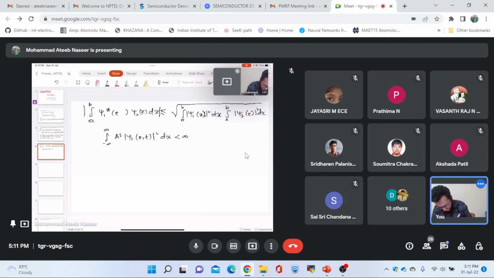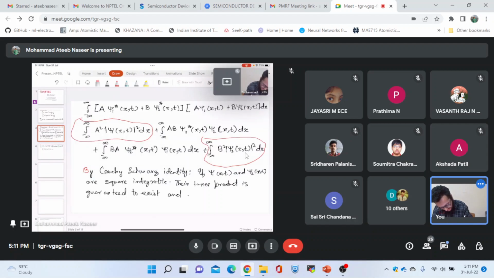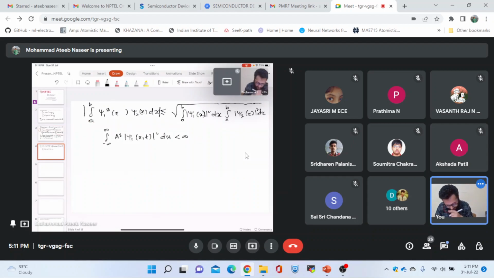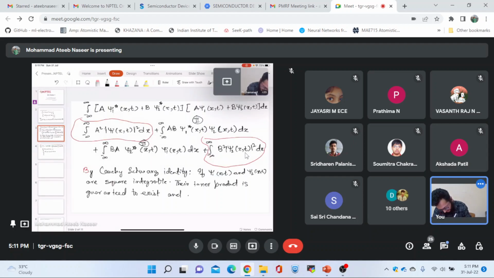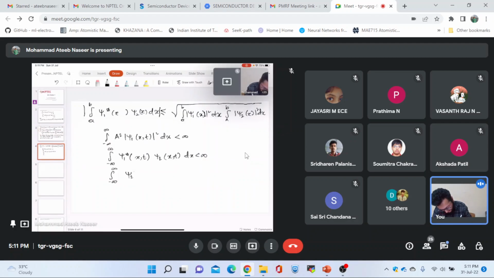Now it means that this second term and this third term, we can use Cauchy's formula, and we can say that this is also less than infinity. Similarly, the other part of the integral, which is psi2 star into psi1, is also less than infinity.